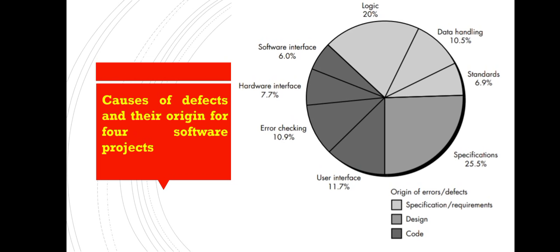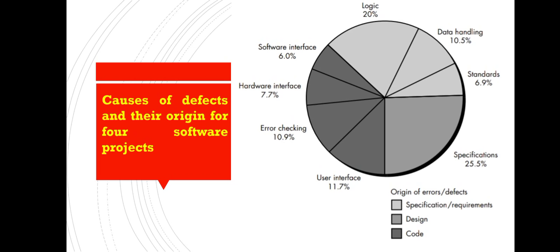So we need to handle the data in a correct way so that the data is utilized properly. The next are different standards that we are implementing in order to develop our software project. It is related to the percentage 6.9 for these particular software projects that we considered.